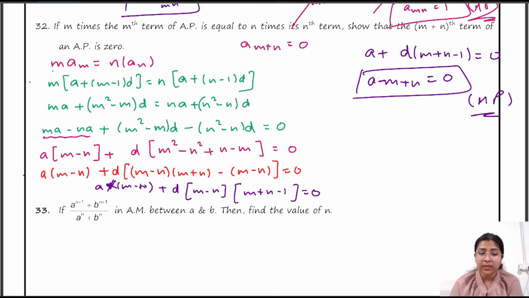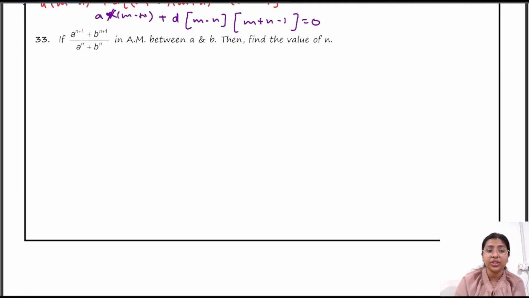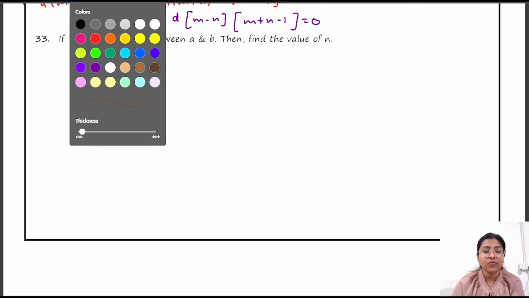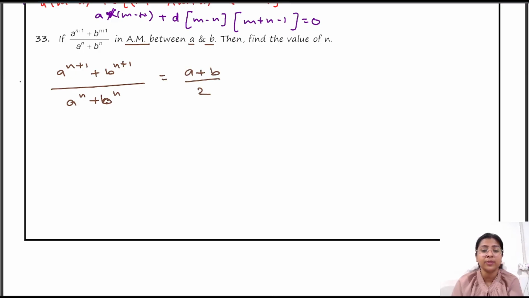This is clear, learners? Okay, now the next and the last question of this sheet. Okay, see this. What do you mean by arithmetic mean? Yes, the average of two numbers A and B. So according to the question, A raised to the power n plus 1 plus B raised to the power n plus 1 divided by A raised to the power n plus B raised to the power n is equals to the arithmetic mean of A and B, means A plus B upon 2.